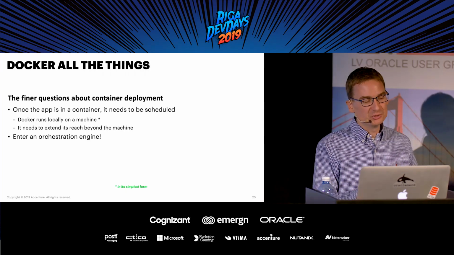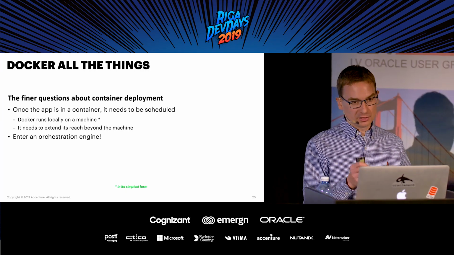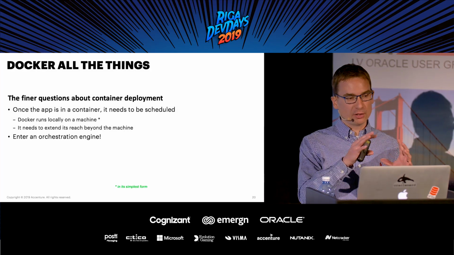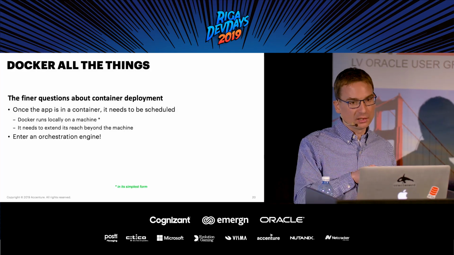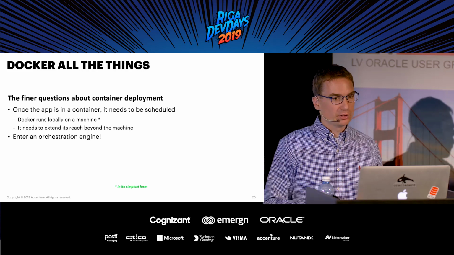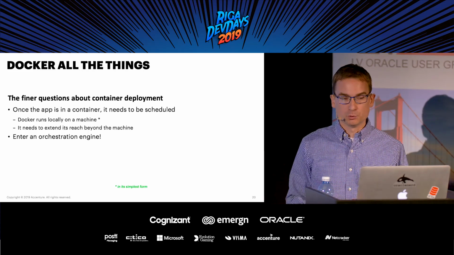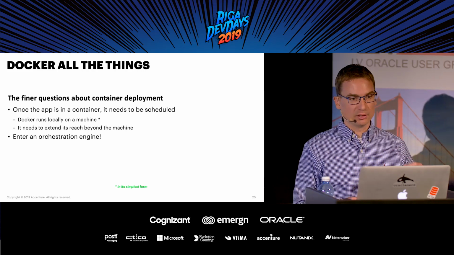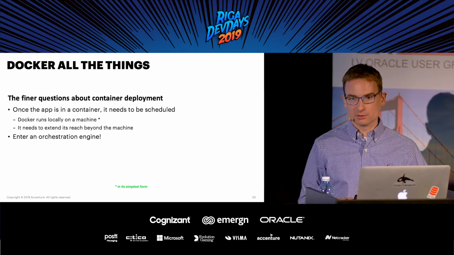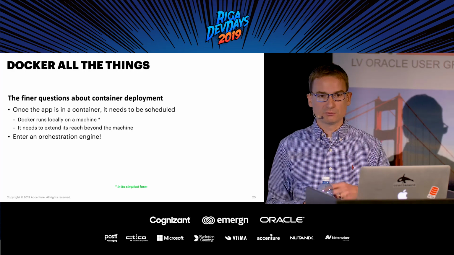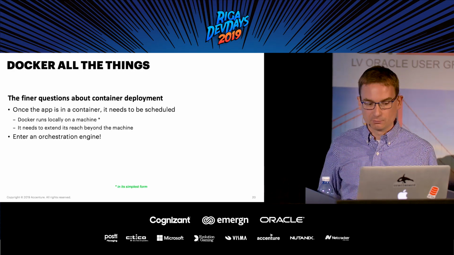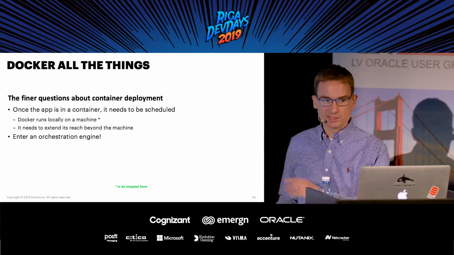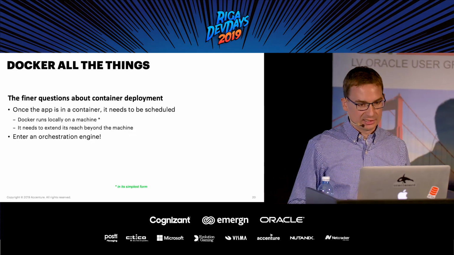So wouldn't it be great if we could exit the boundary of the machine and go to more machines? Or wouldn't it be great if there was something that would monitor the health of my containers and say, if this gets overloaded, the machine it runs on is overloaded, so why don't I start it elsewhere? So this is more or less what the orchestration engine does.